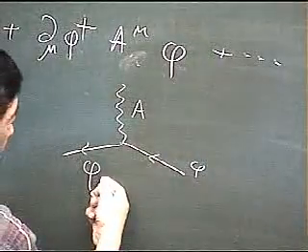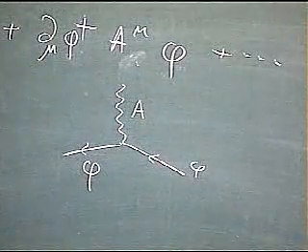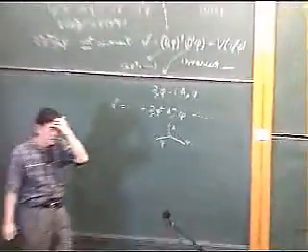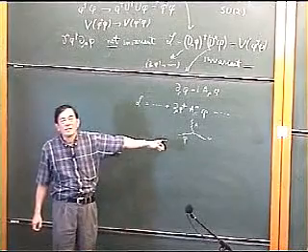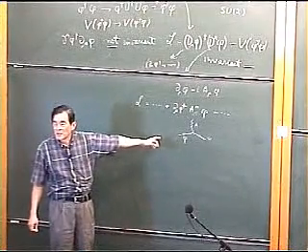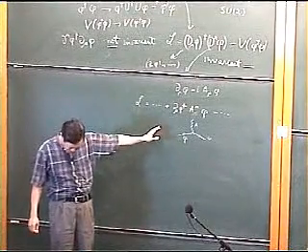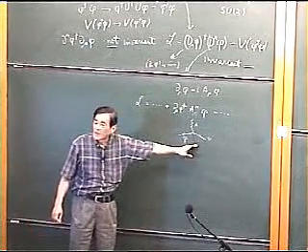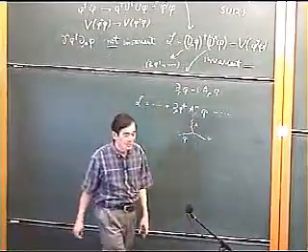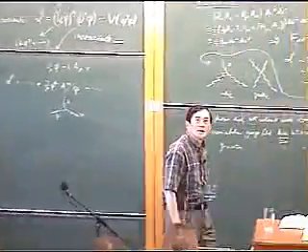So this gives an interaction of a non-abelian gauge field with the phi field. Professor Martin showed me some of his transparencies, and he had pictures like that. So you should remember and make the connection.